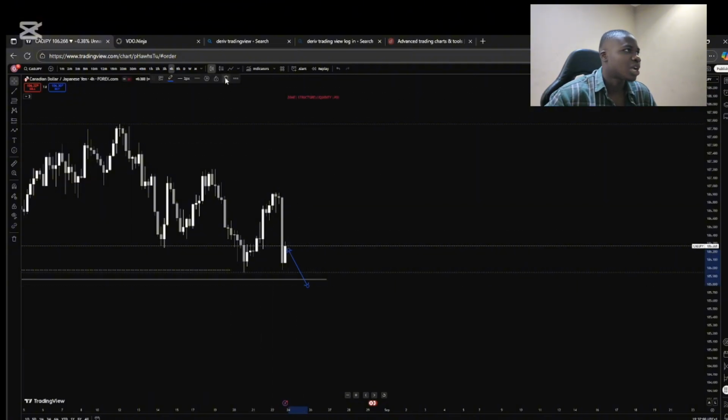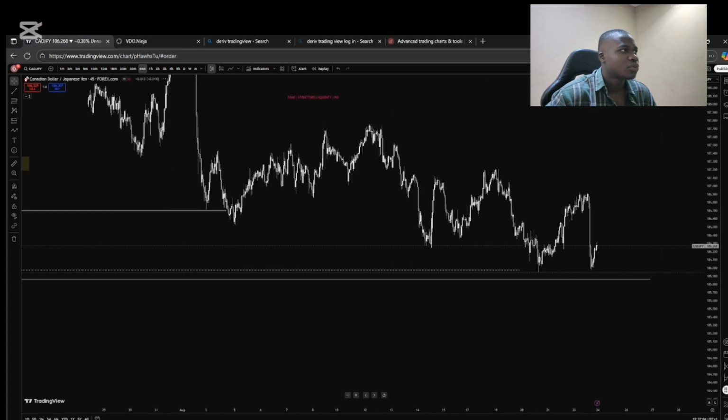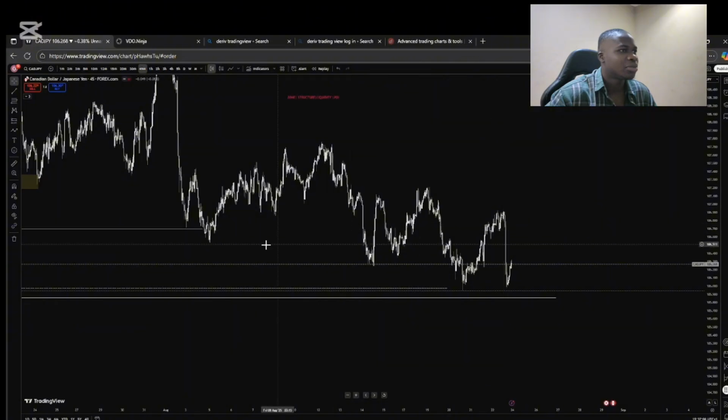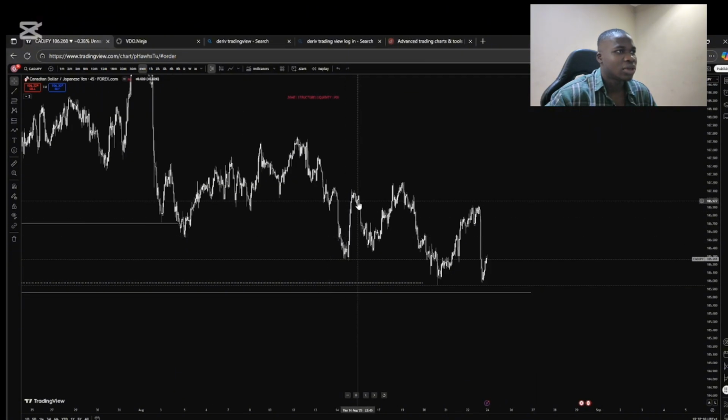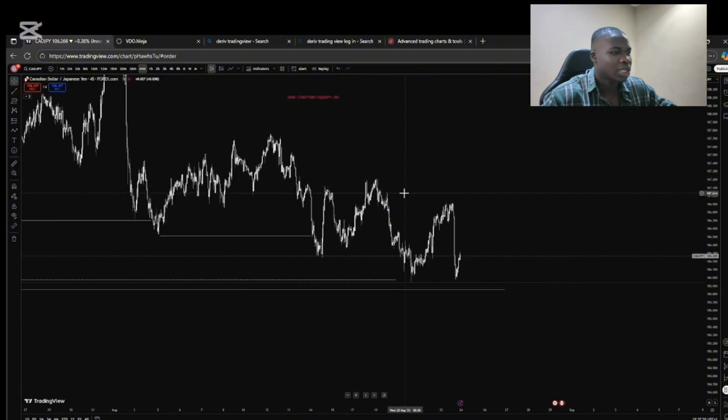So if we had to track the bearish order flow right here, we can see there's a break of structure right here.